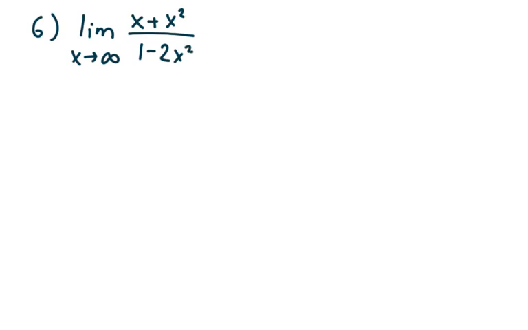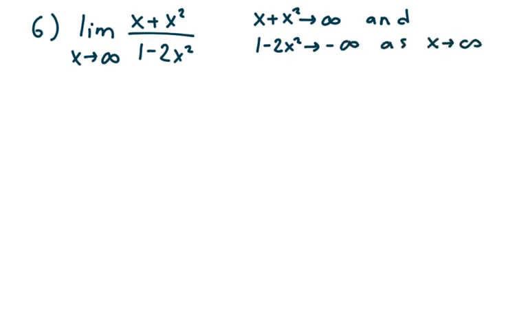Now, x plus x squared approaches infinity, and 1 minus 2x squared approaches negative infinity as x goes to infinity. So this is of the form infinity over, we'll say negative infinity, right? And we can apply L'Hopital's rule here.